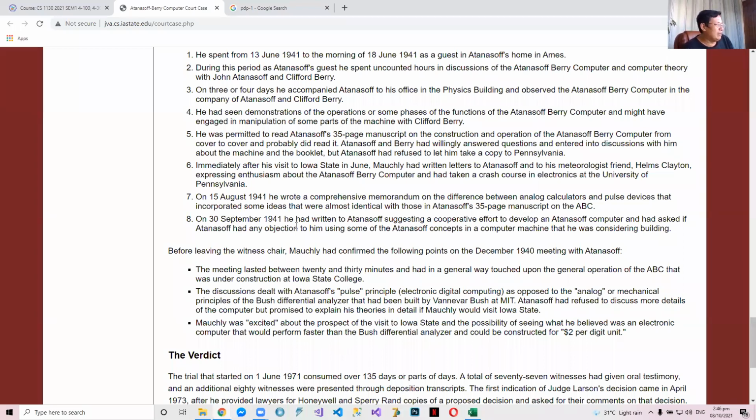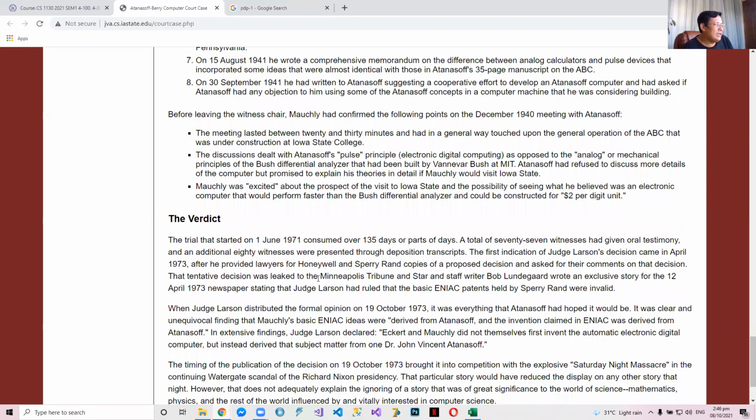And in September 1941, before ENIAC was created, Mauchly wrote Atanasoff suggesting that he would use the ideas to build a new computing machine. Okay. Later, it was found out that many of the designs of ENIAC were borrowed from the ABC computer. Do you follow?